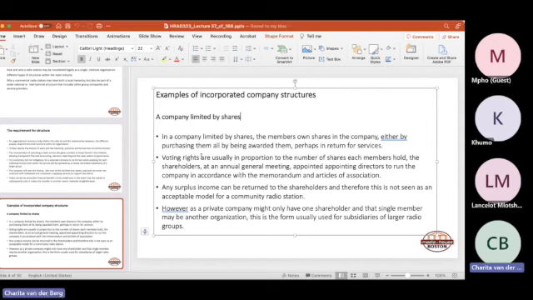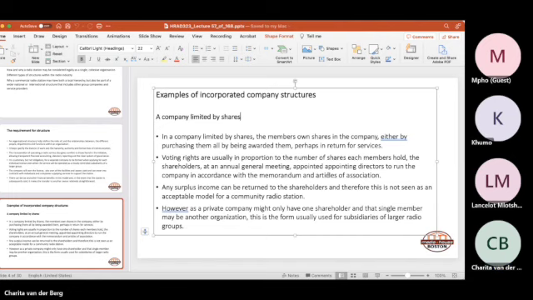So voting rights are usually in proportion to the number of shares each member holds. So if you own like 50% up, obviously you will have more voting rights than someone who owns 10%. It also depends on the shareholders, whether it's an annual general meeting, so an AGM as we call it. Normally a radio station has 2 AGMs a year, one every 6 months.